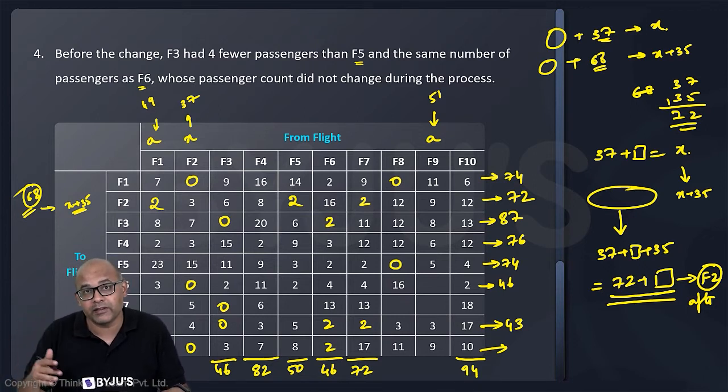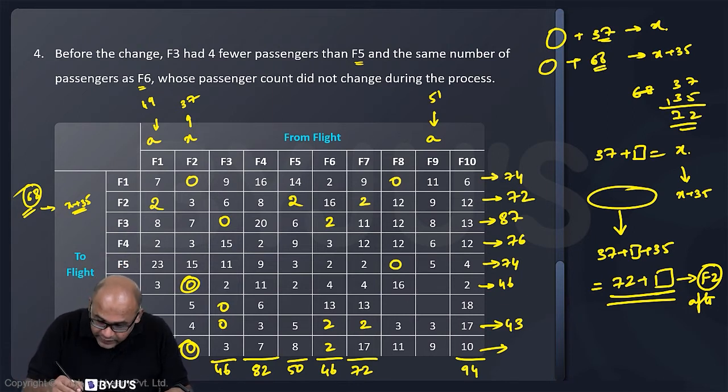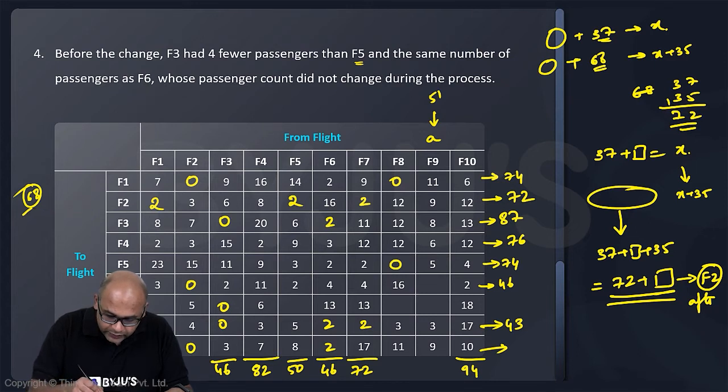If these are not zeros, then I'm crossing 72 and the horizontal and vertical will not match. So you will get a very nice way to get these values as zeros. So this 37 of x is taken care of and the horizontal part is also taken care of.